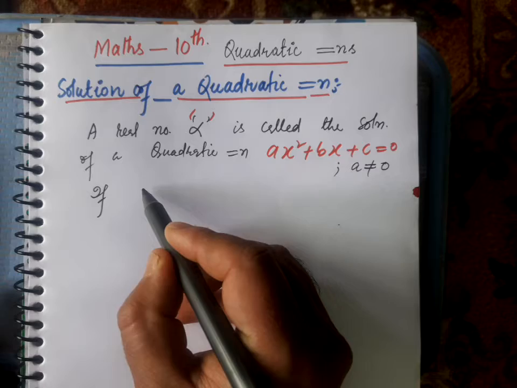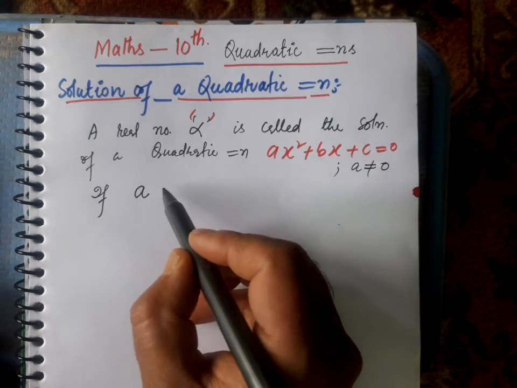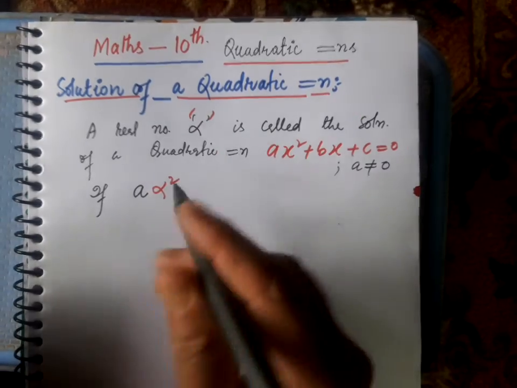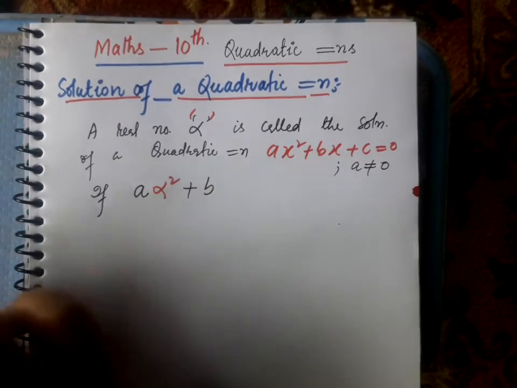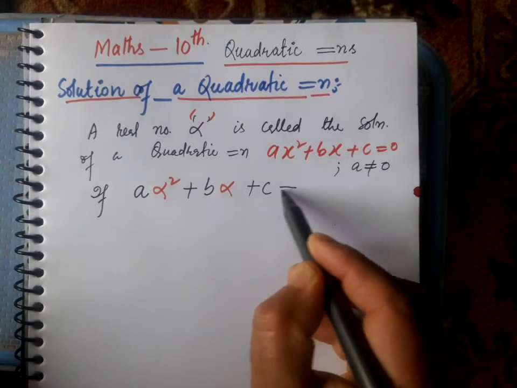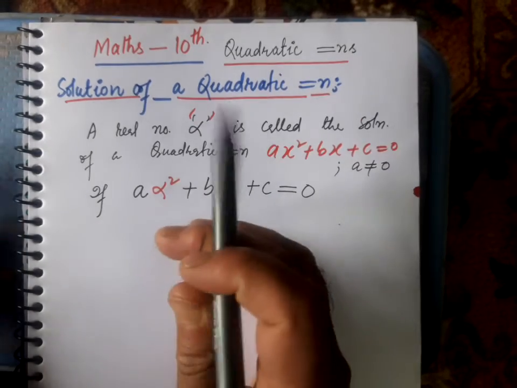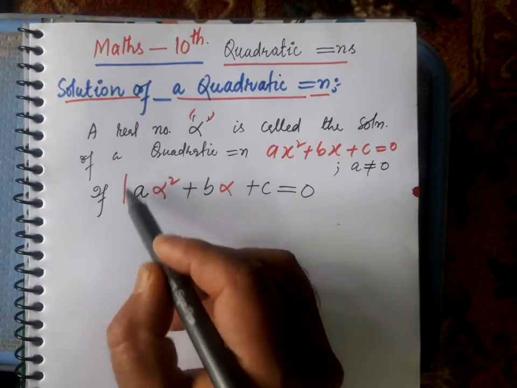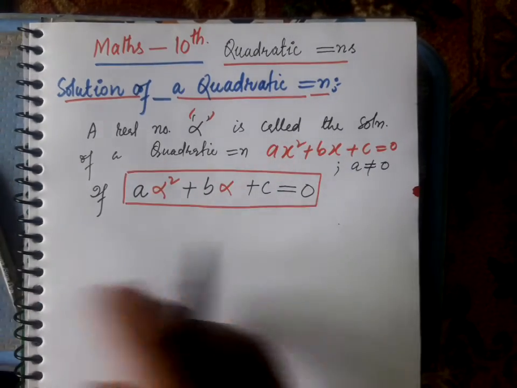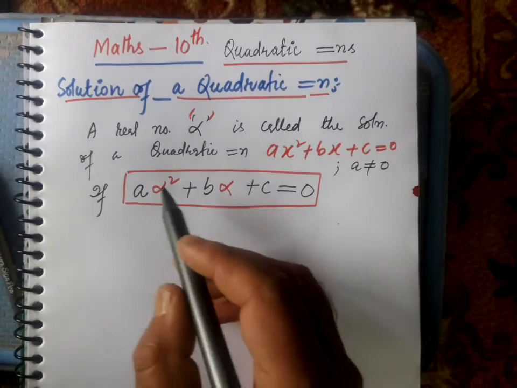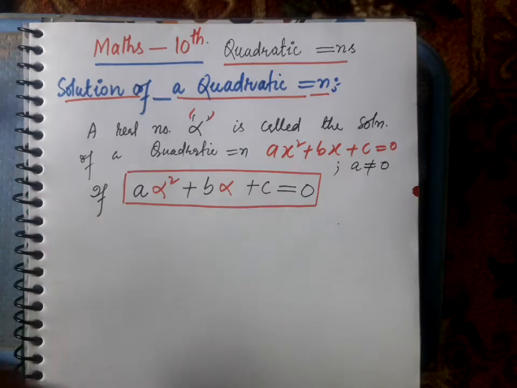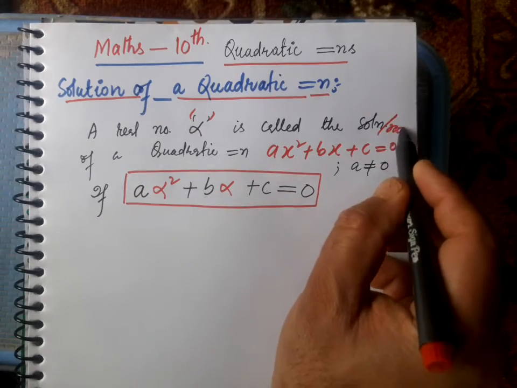That is, if a times alpha squared plus b times alpha plus c is equal to 0, then we can say that x equal to alpha is the root of the equation, the solution or root.